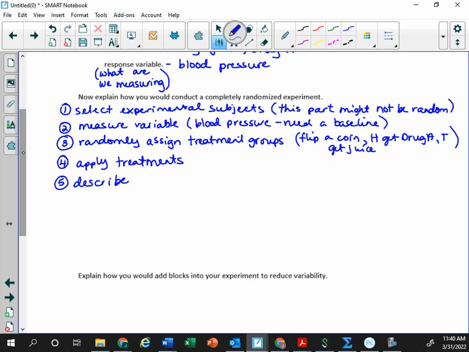Like that information should be given to you. We don't really have it in this problem. So we'll just pretend, let's say 8 ounces of juice, we'll do 2 times per day, or 1 pill per day.